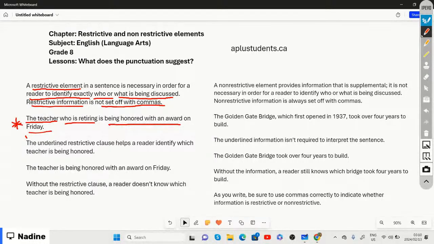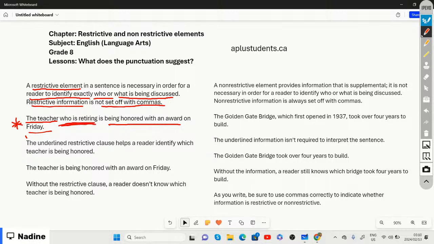So there is no need for us to have any commas, because we specifically know that we're talking about the teacher who is retiring, and she's the one that's going to be honored with an award on Friday. So the teacher who is being honored is the one who is retiring.